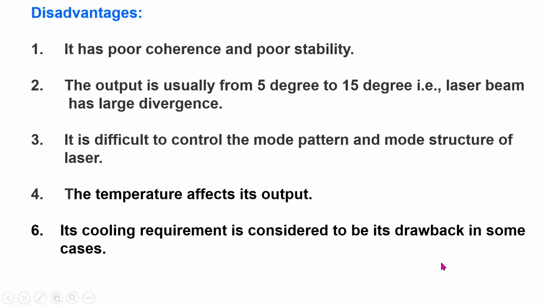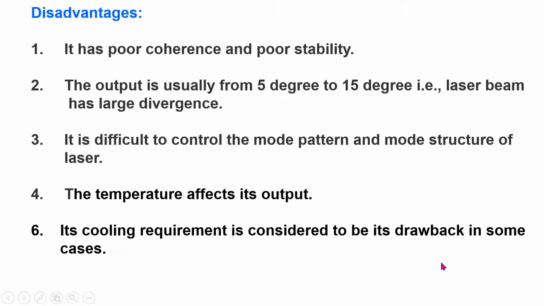The next disadvantage is that temperature affects its output. We know that due to the variation in the temperature of any semiconductor material, there is a change in the resistivity. So here temperature affects the semiconductor material.